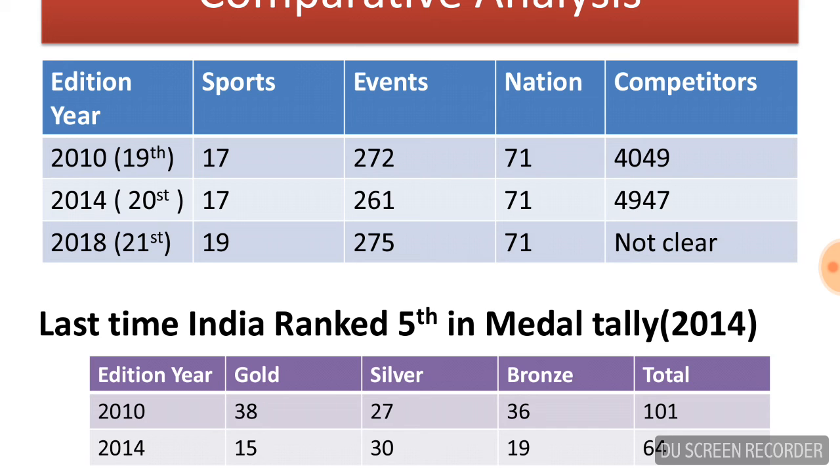In 2014, sports were again 17, events were 261, nations were 71, competitors were 4947. In 2018, the 21st Commonwealth Games, the number of sports is 19, events are 275, nations are 71, and competitors are not yet clear, but I think it would be greater than 5000.